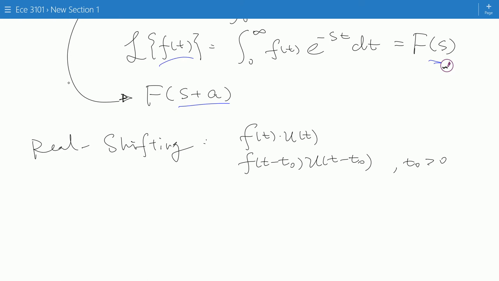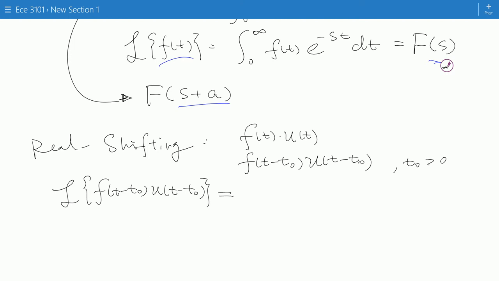So what's going to be the Laplace transform of this delayed signal? As a matter of fact, without the proof, we can refer to the proof in the text, but it's very easy to find out. It's very straightforward.